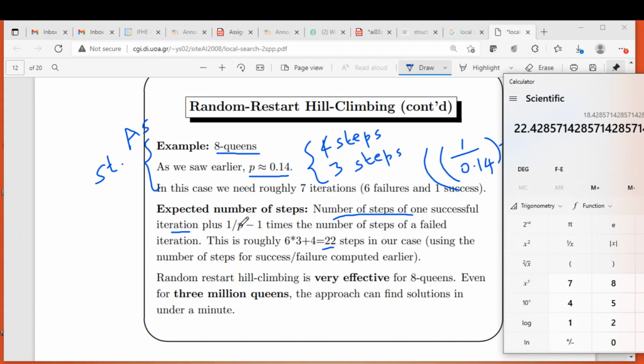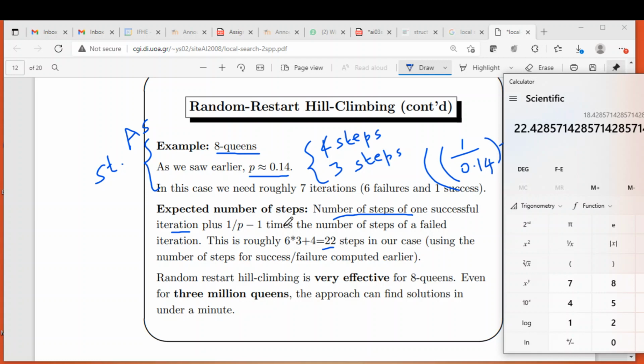So this is how we can calculate the expected number of steps when you use the random restart hill climbing algorithm. Okay, so it's not the expected number of iterations, it is the expected number of steps. Expected number of steps is based on how many times the algorithm will be restarted.